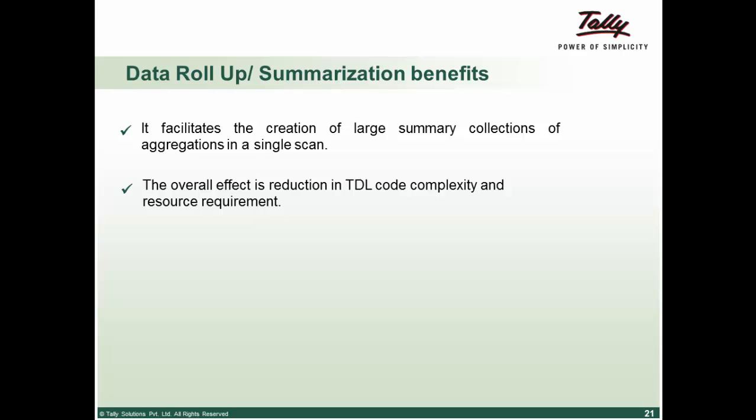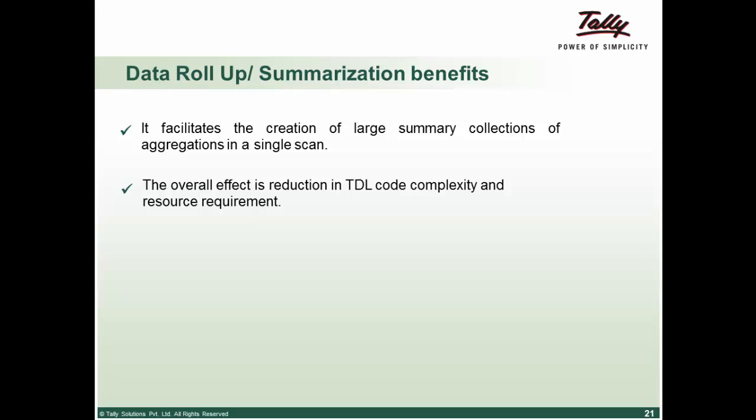Then the overall effect is a reduction in TDL code complexity. Obviously, the number of functions to do the summation, like call QTY total and call AMT total, gets reduced.